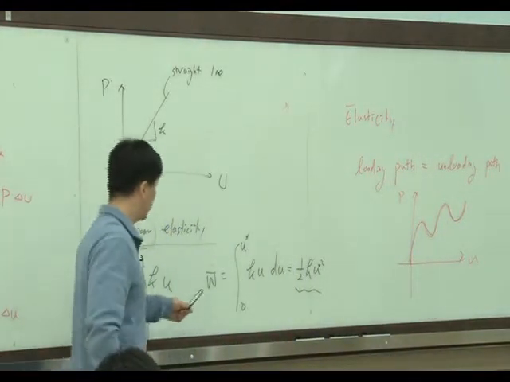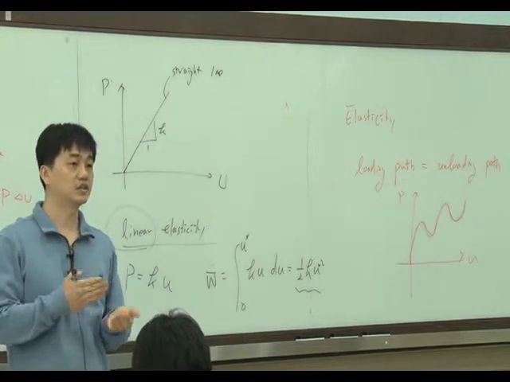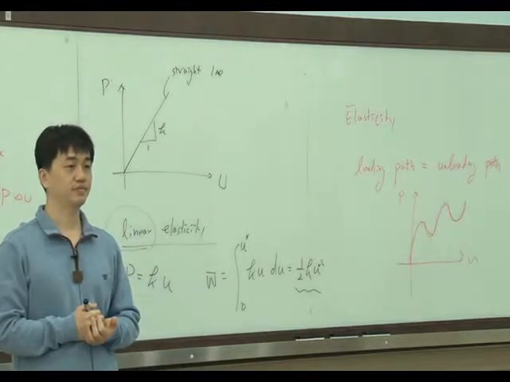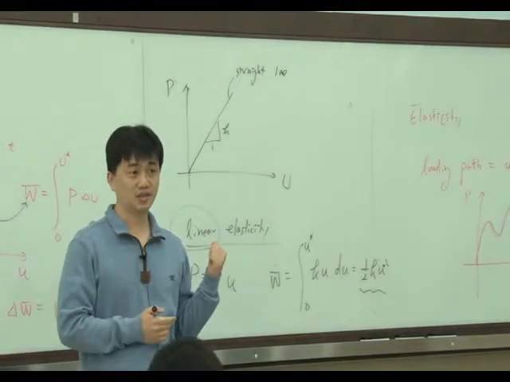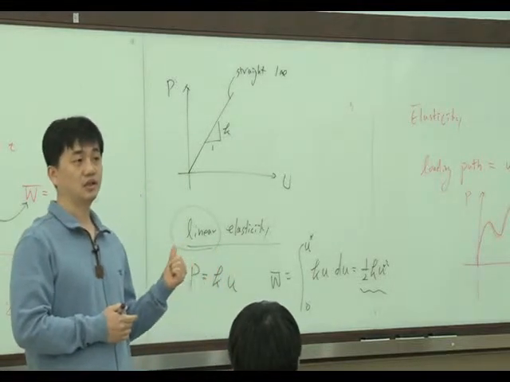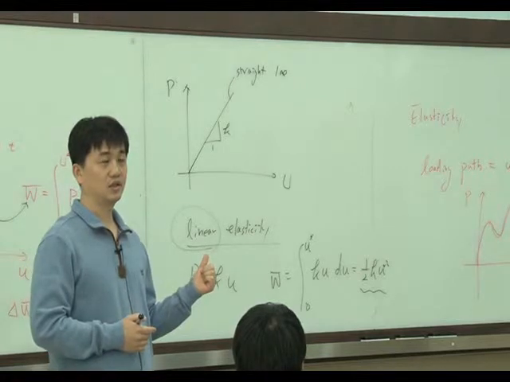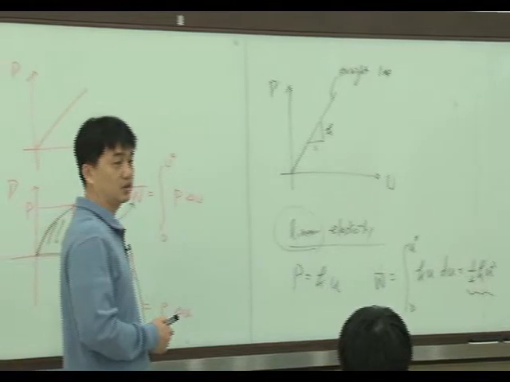So this work is done by the externally applied load P, right? And if we unload, get rid of that P, the spring goes to the initial position by what?